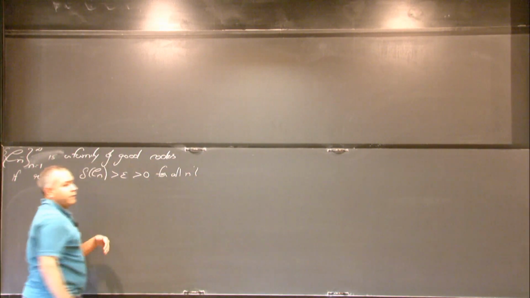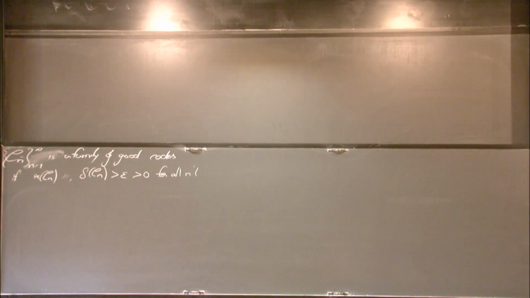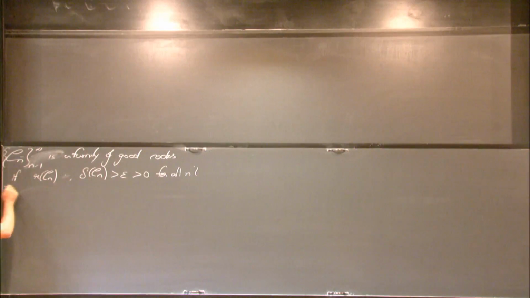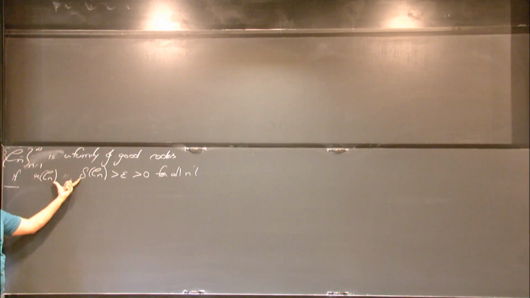That is, all of them have at least constant rate and constant distance. That explains the first two properties. By now we know that there exist good codes.